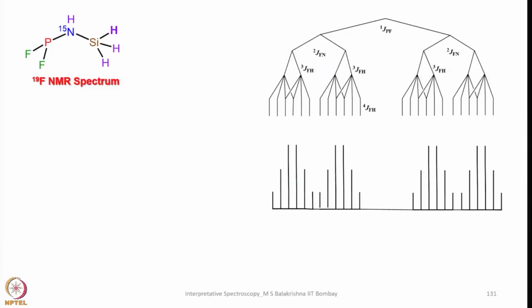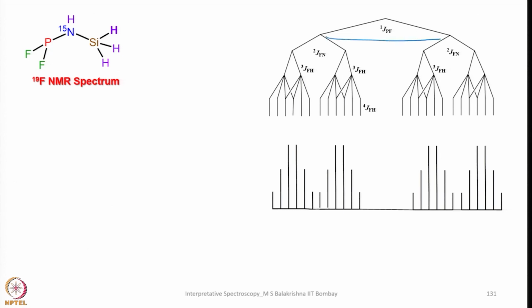So, now let us look into the 19F NMR spectrum. It looks a little bit complicated, but it is not really. First of all we have to analyze how each multiplet has 6 lines. Before that, let us assume it is 19F NMR, and at the end we can conclude about that. If you consider 19F NMR, first it will be split into a doublet because of phosphorus coupling.